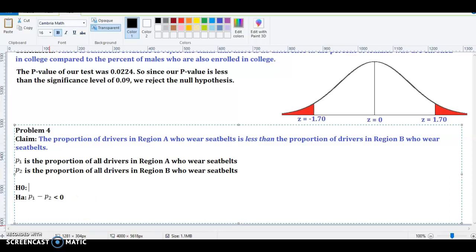Then what do we put in the null hypothesis? The opposite of less than, so not less than, would be greater than or equal to. So in the null hypothesis, we're going to put P1 minus P2 is greater than or equal to 0. Those are the null and alternative hypotheses for our problem.